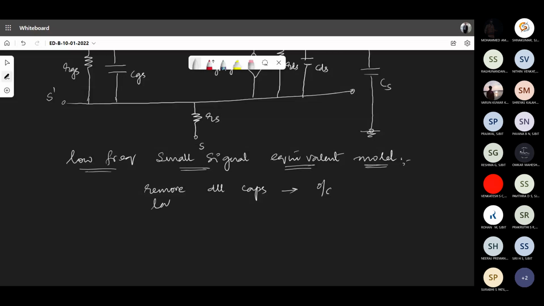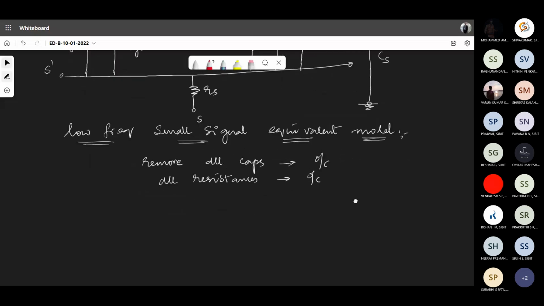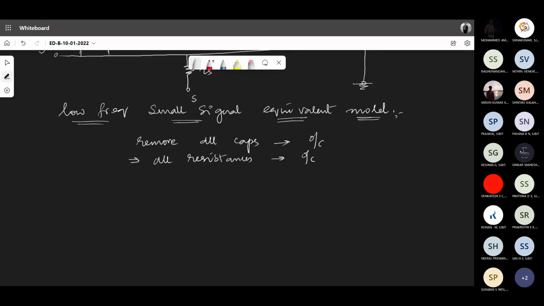So all resistances are again open circuited because we assume them to be a larger value. So all the resistors are open, all the capacitors are open. If you want, you can retain these resistors, considering them to be a large value, but still acceptable. But these are the two considerations that we will do in writing the small signal model.